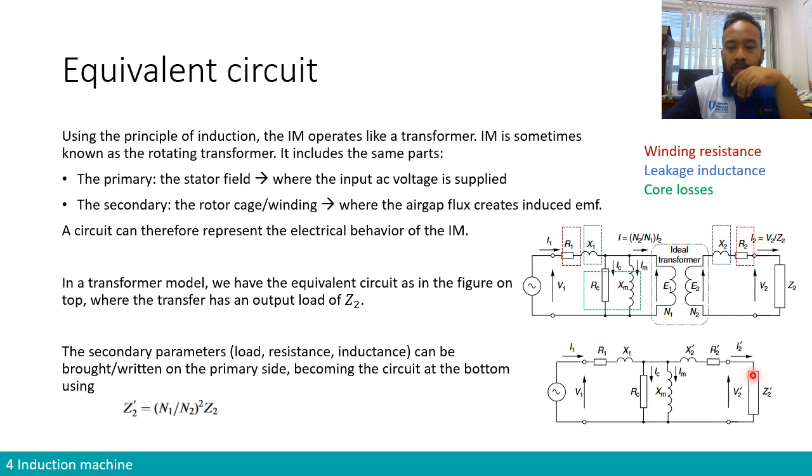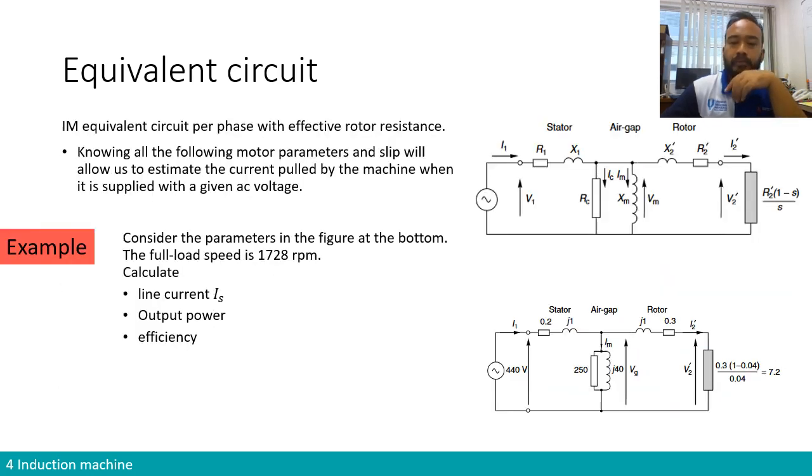So for example, if you bring the load Z2 to become now Z prime 2 in the primary part, you just multiply it by N1 over N2 squared. So this is how you bring the secondary part into the primary part. So just now that was basically the equivalent circuit for a transformer.